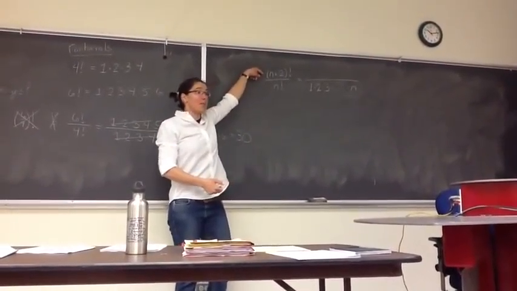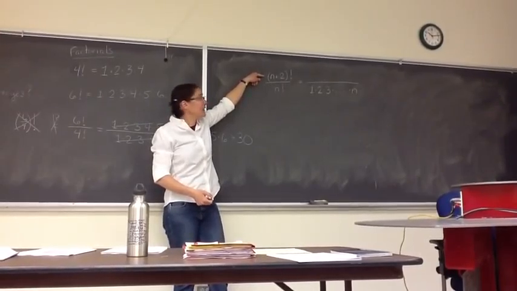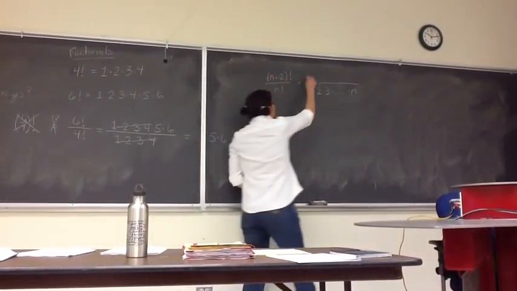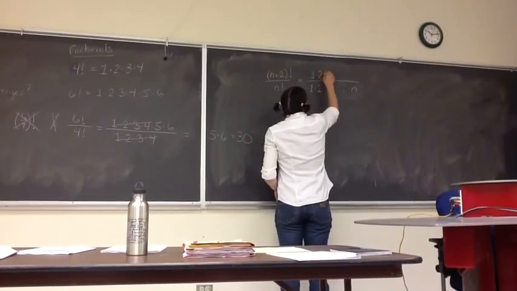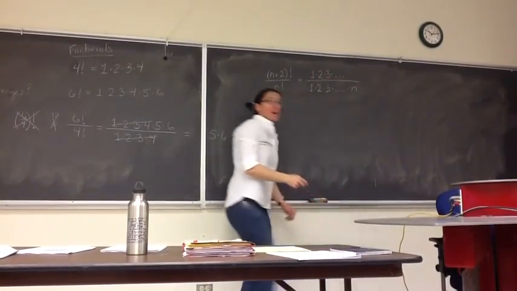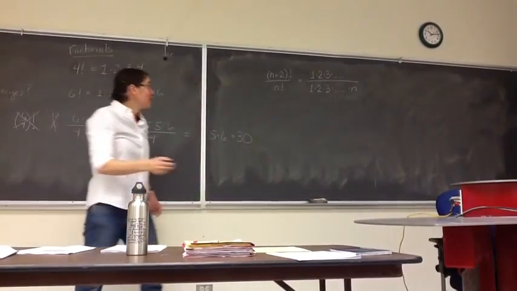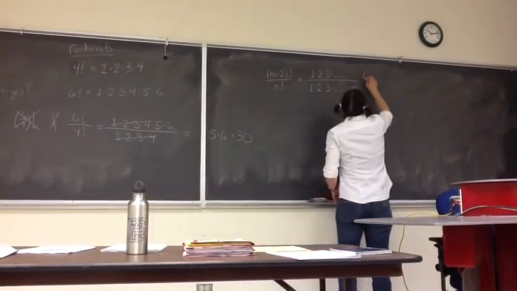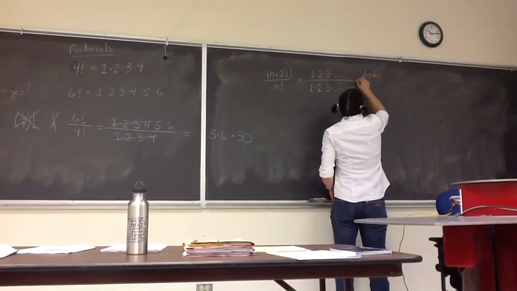And on the top, this is the one I want to think about pretty carefully. On the top, I'm going to start out with 1 times 2 times 3, and I'm going to keep on going. And the very last term that I'm going to get is n plus 2.